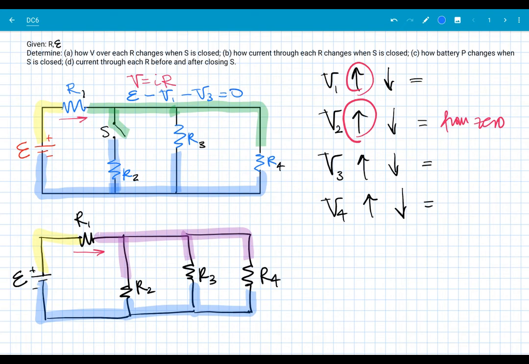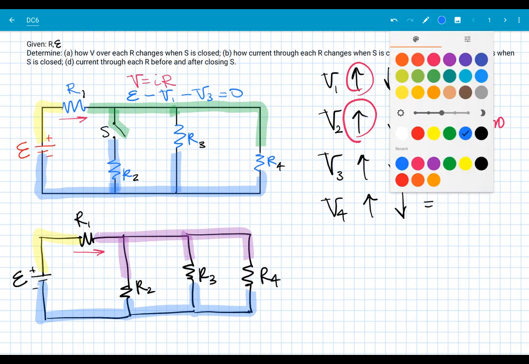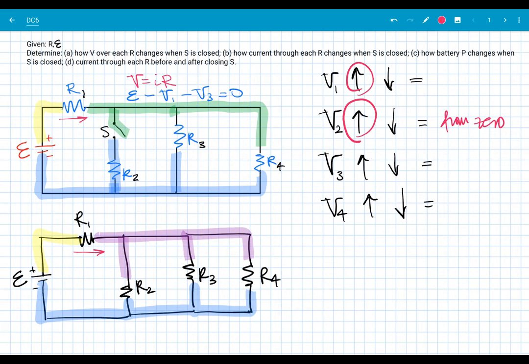Think about Kirchhoff. Okay, so I know that has to be true. So if I increased the value of V1, then V3 must have just decreased. So that's in V4, V3 and 4 are wired in parallel, so 3 and 4 had to decrease there.